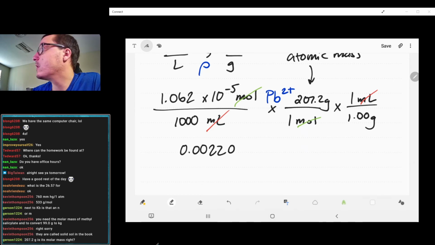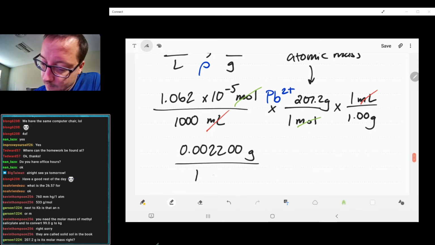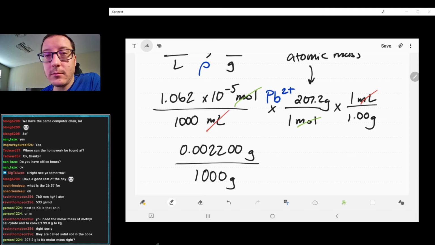I did have 4 sig figs though, so we'll keep the 4 sig figs. And this we have 1,000 grams. Remember, we want the bottom to be a million grams, right? So if we multiply this by 1,000.